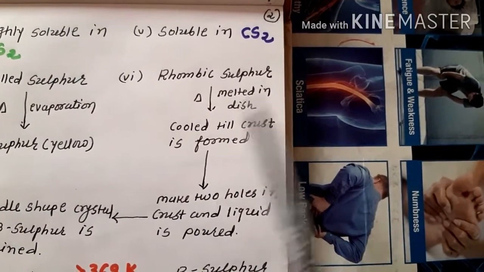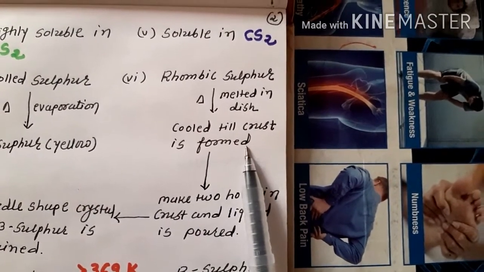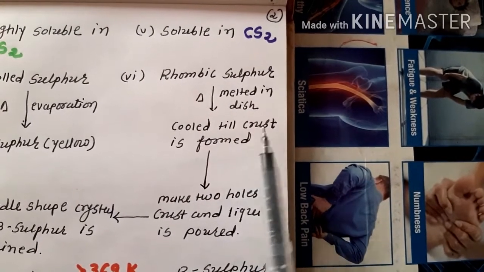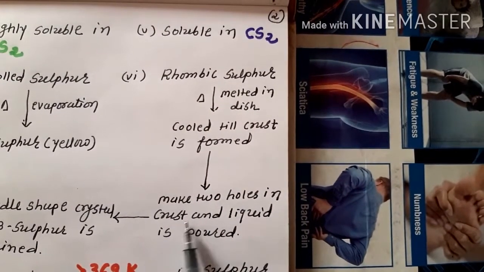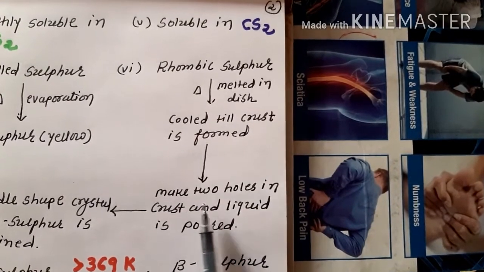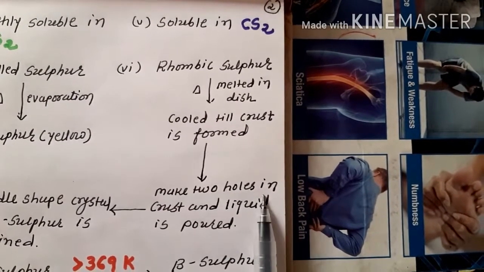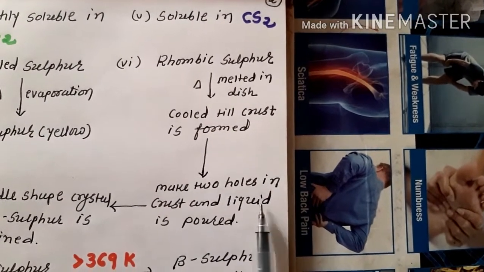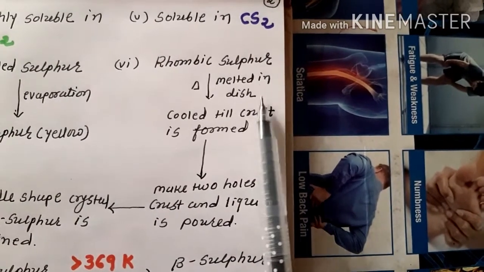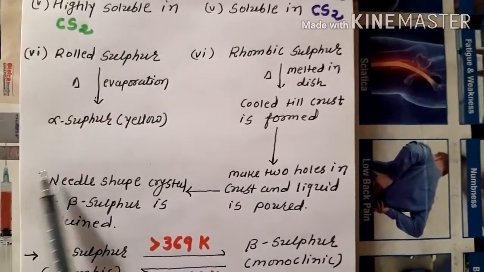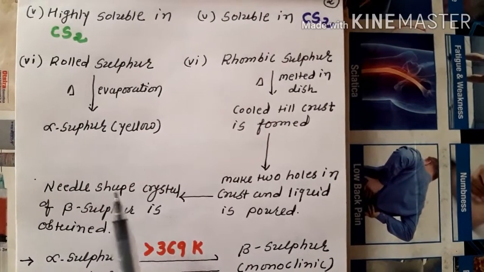Its upper layer becomes formed, and then in the crust two simple holes are made, and the liquid downside is poured out, and this crust is nothing but needle shape crystal.